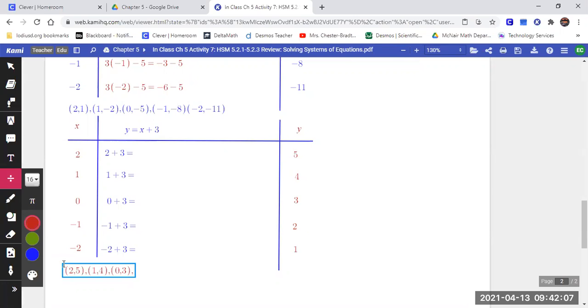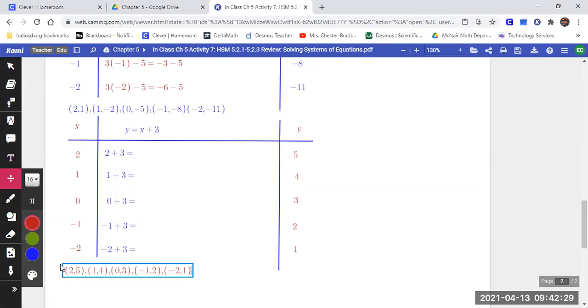Someone else. Yep, -1, 2. And then last one, -2, 1. Okay, we made our coordinate pairs.